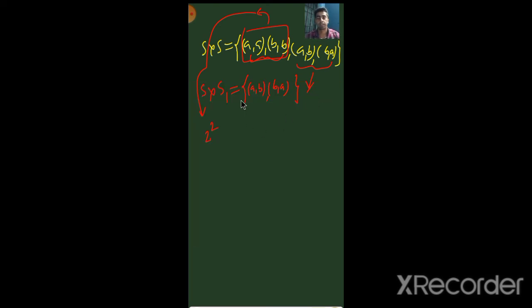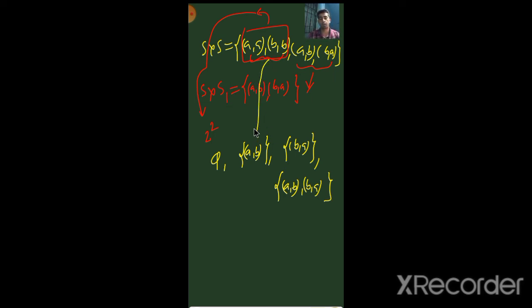The subsets of S cross S1 are phi, {AB}, {BA} and {AB, BA}. If we include these two elements, (A, A) and (B, B), in all the subsets formed, then we will get all such reflexive relations.